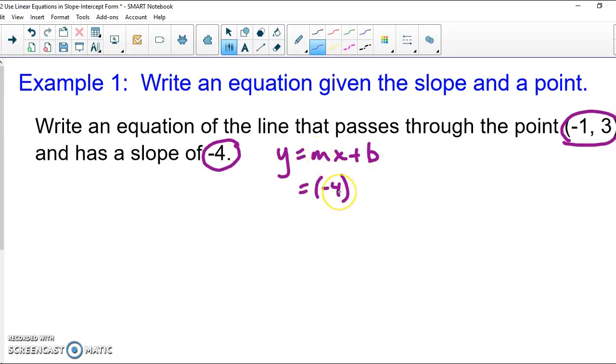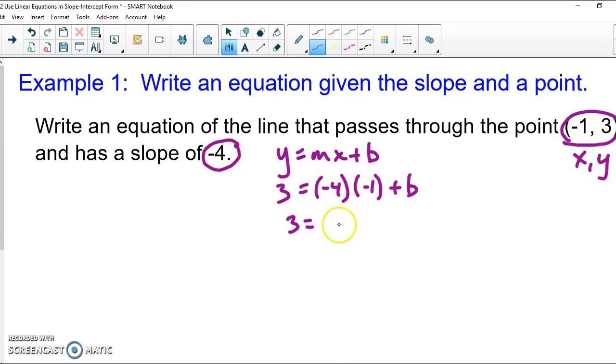So I'm replacing m with -4. Now I'm also going to substitute my x and my y values from this point into the equation. So I'm going to plug in -1 for x and 3 for y.